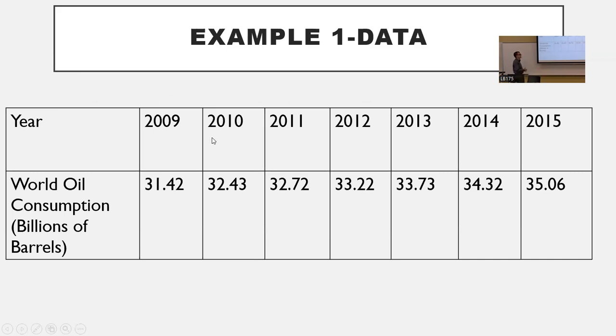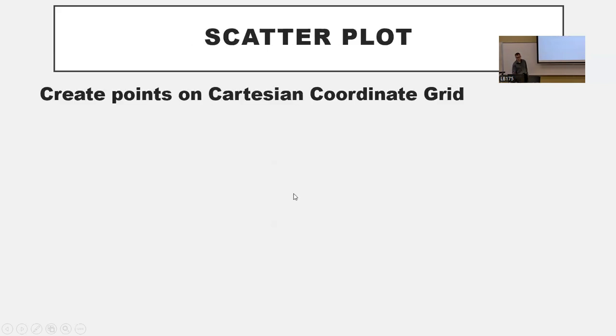Now we can do that in a couple of different ways. We'll see a couple of different ways we can do that. But it's basically like having the x value of 2009 and the y value of 31.42. That'll create a point on the Cartesian coordinate plane, and I'll just create that point. And then I'll do the same thing for 2010 and 32.43, and 2011, 32.72.